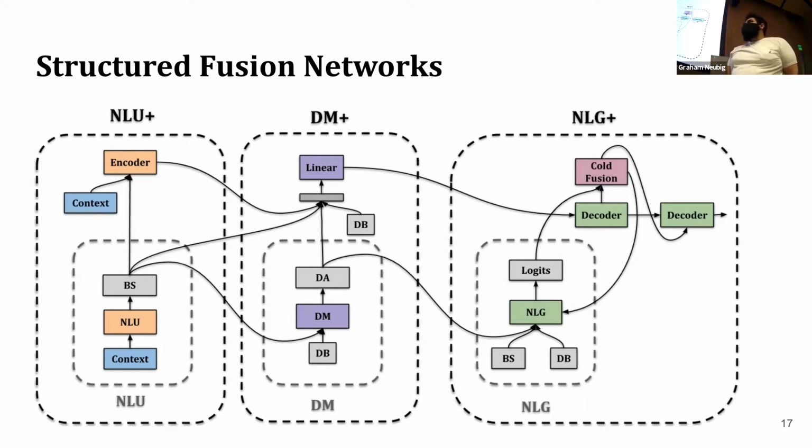Essentially, this combines the structured intermediate outputs of the NLU, the DM, and the NLG with a higher level model on top of this. Does that make sense? There's a lot of arrows here, but the concept is really simple: you just have a model that at each stage takes inputs from different pre-trained components.